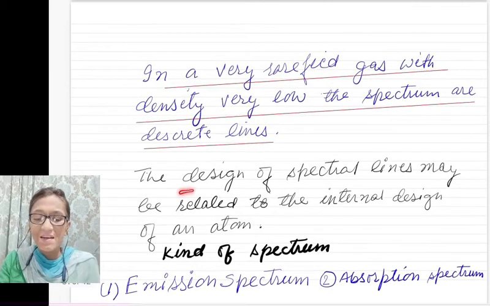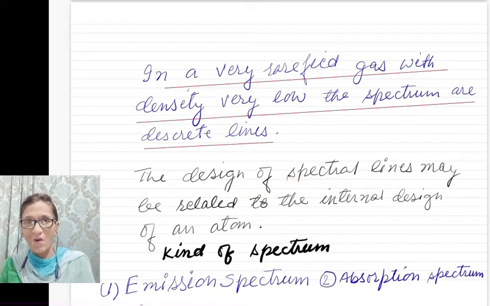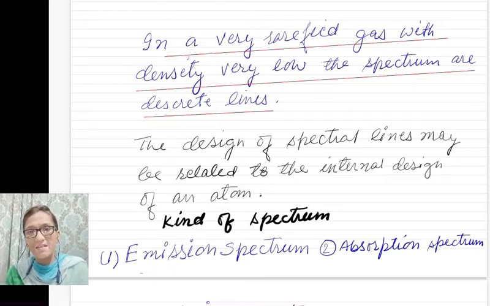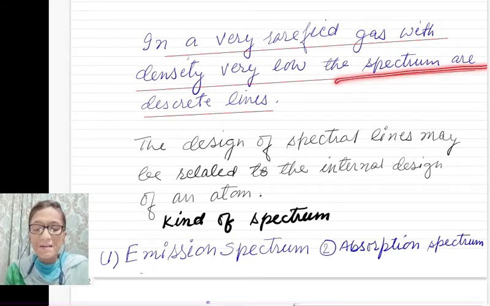And then you find spectral lines from the light coming from rarefied gas, where the atoms are separated from each other by far. When you find the spectrum of that highly excited rarefied gas, you obtain discrete spectral lines.